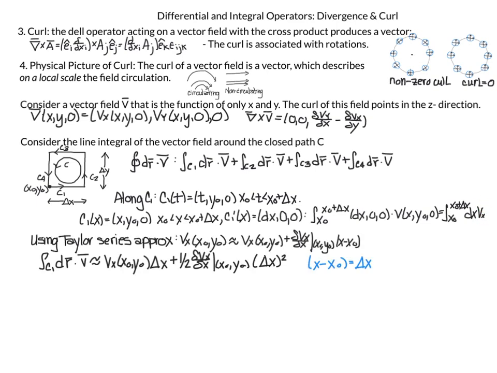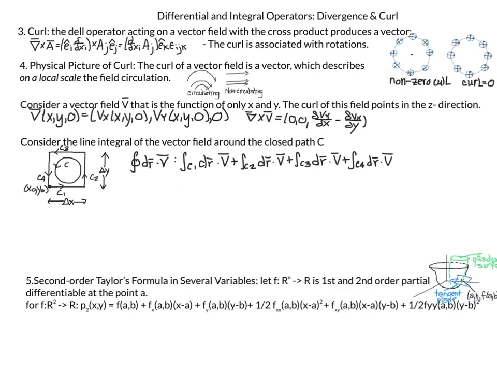We are then going to use a Taylor series approximation for Vx at x naught, y naught, and that's approximately equal to Vx at x naught, y naught plus the derivative of Vx with respect to x, evaluated at x naught, y naught, times x minus x naught. And again, x minus x naught is simply delta x. In case you've forgotten, Taylor approximations are used to approximate a function using a polynomial.